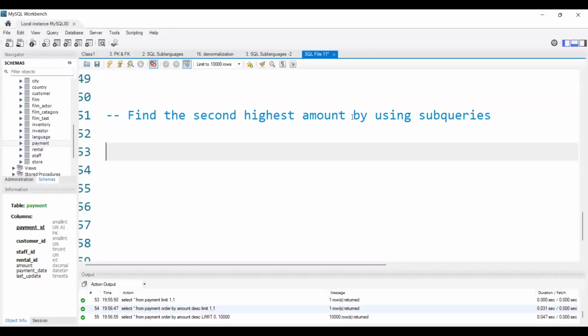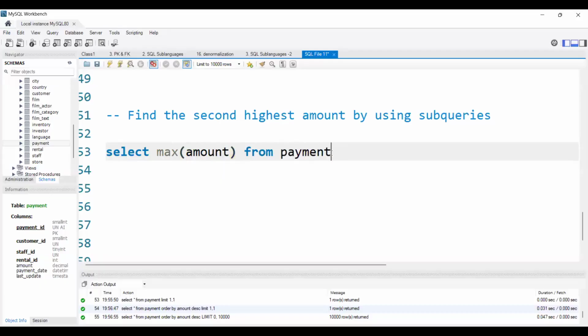But now by using subqueries, how will we solve this? I want to display the second highest amount. How will we get the highest amount here? Which aggregate function do we need to use? Max. So first let me write SELECT MAX of amount FROM payment.